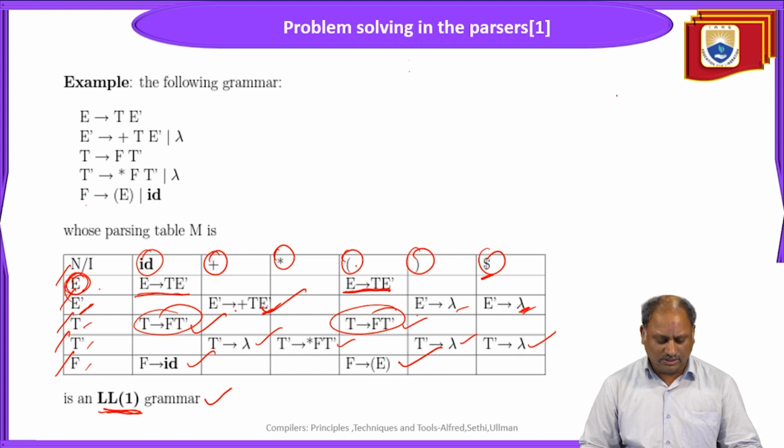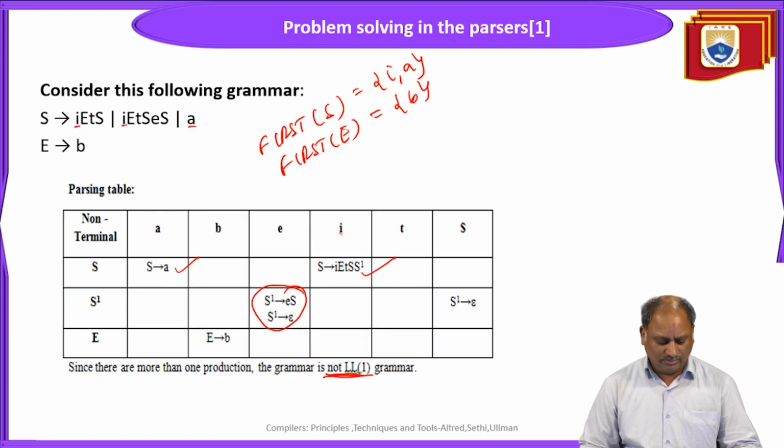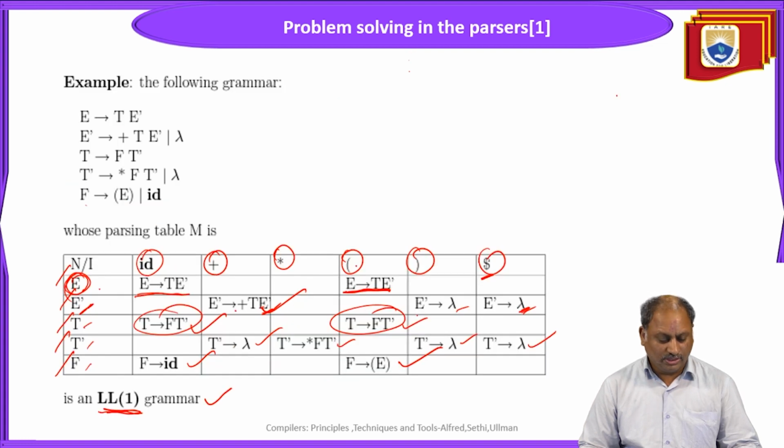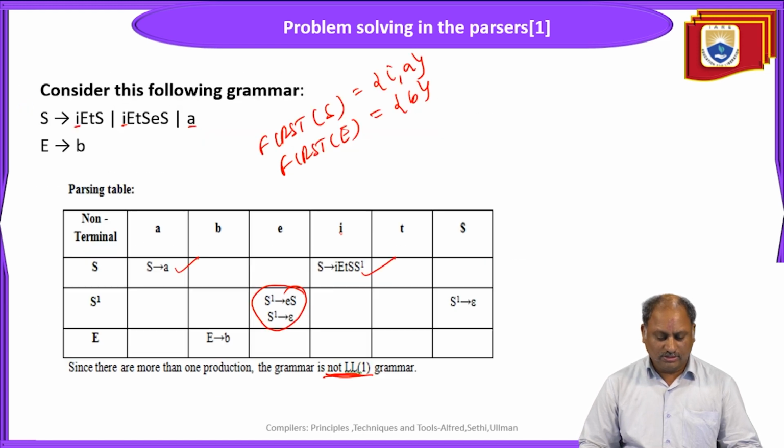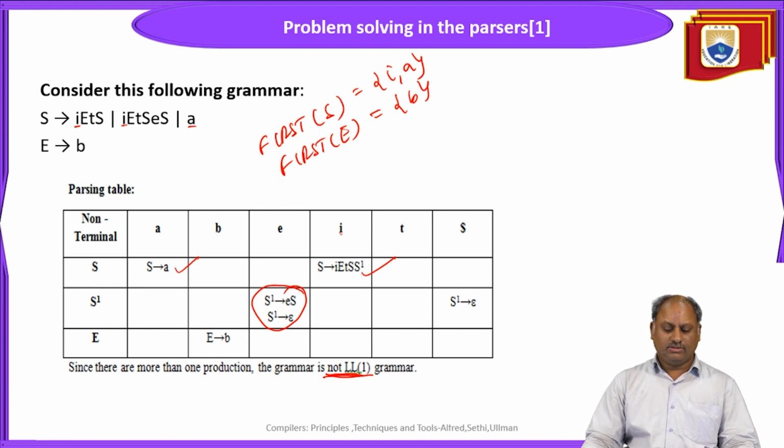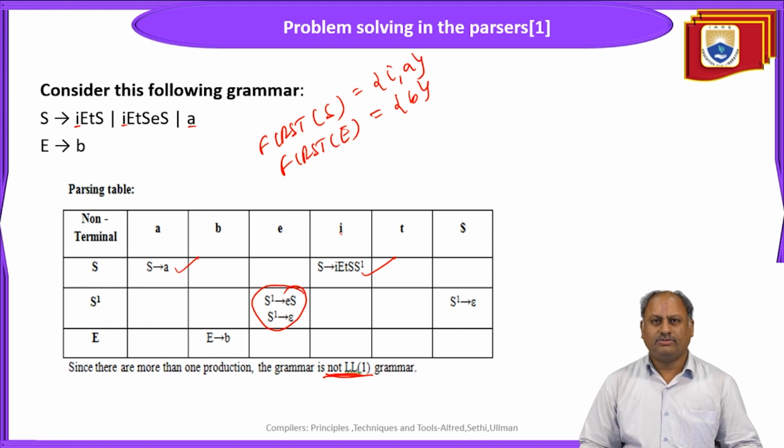If multiple entries are supplied, then based on that it is not LL(1). In this example, this derivation supplies multiple entries, so it is not LL(1). But in this example, E dash, T dash, the entries are not marked with multiple, only single entries are available, so that's why it belongs to LL(1). These are one of the topics which is available.